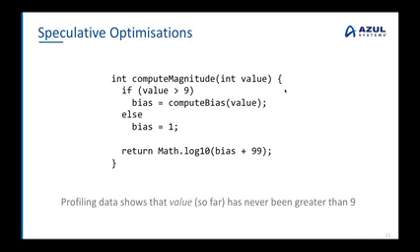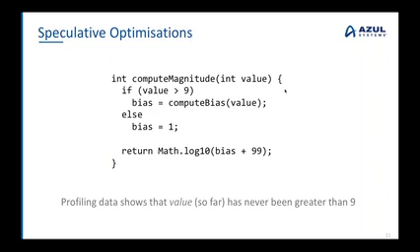If the value is not greater than 9, then we always set the bias to be 1. And then what we return from that method is the log10 value of bias plus 99. So it's a slightly contrived example, but it's good to help you understand what we mean by a speculative optimization.